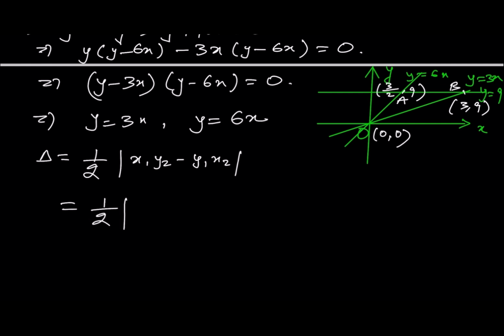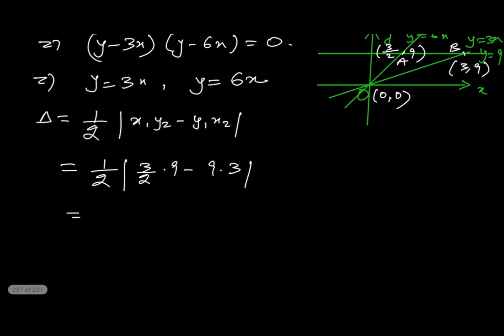So x1 is 3 by 2, y2 is 9 minus y1 is 9 and x2 is 3. So from this we can find the area as 27 by 4 square units. This is the required delta.